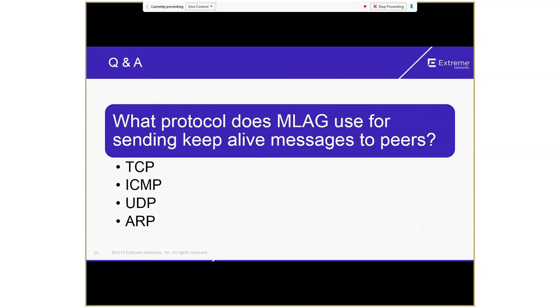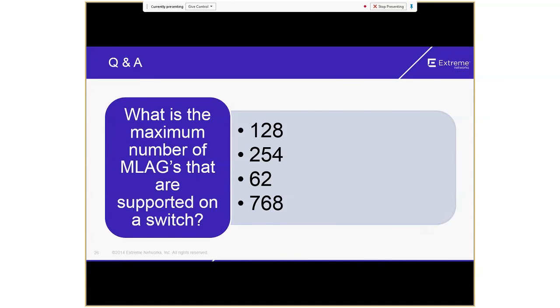UDP is user datagram protocol, for people who are not aware. The fourth question is, what is the maximum number of MLAGs that are supported on a switch? The answer is 768.